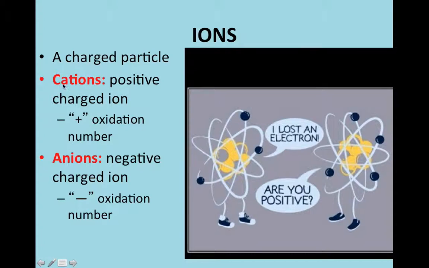Now here's something new. A positive charge ion has a term called cations. They actually have a positive oxidation number. We'll go over the oxidation numbers in just a second. And anions are your negative charged or negative oxidation numbers. So your ions are the charge.